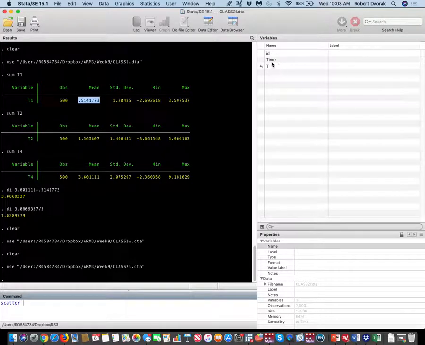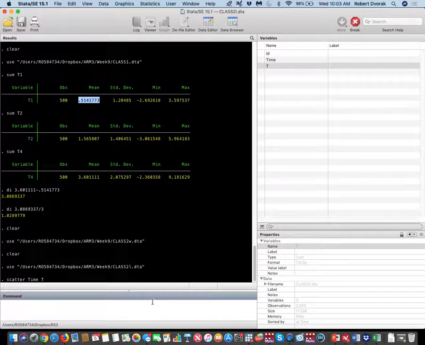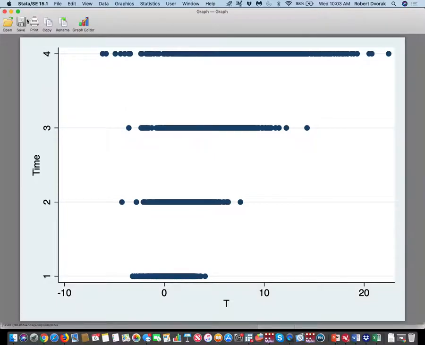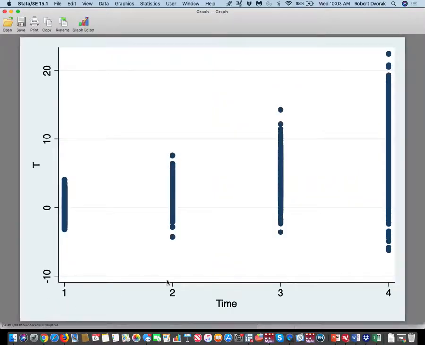We're going to scatter time by t. I actually did that wrong. Okay. So we have data that looks like this, which is difficult to look at, but it's all nested within each time point, right?